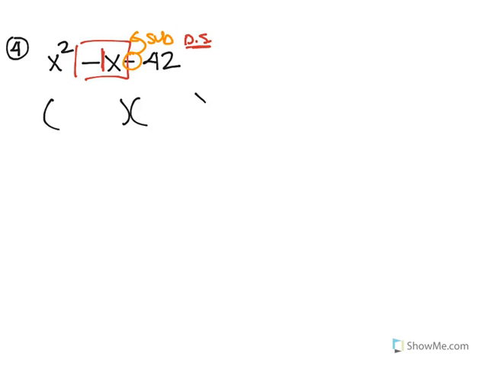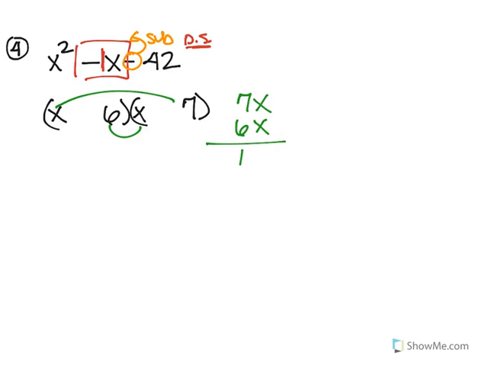So we've got our 2 parentheses, and we're going to put x's at the front. And then factors of 42, we're going to use 6 and 7. And I'm going to check my outside, inside, 7x, 6x. If I subtract, that will leave me with a 1.